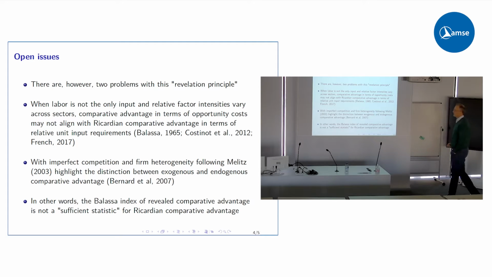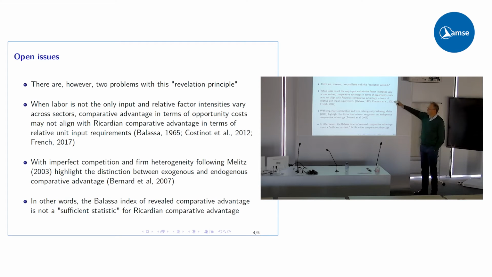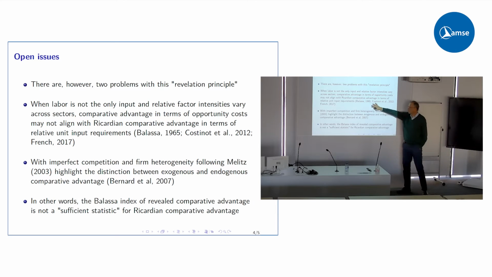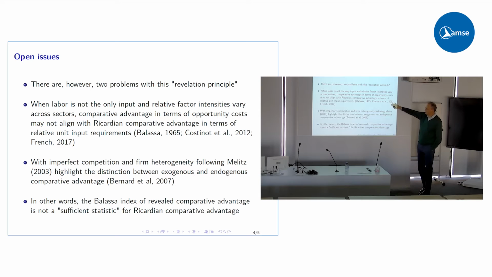There are other inputs in production, and relative factor intensities vary across sectors, and so we are entering what is called the Heckscher-Ohlin world. Comparative advantage in terms of opportunity cost may not align with the Ricardian comparative advantage in terms of technology or relative unit input requirements. This was already pretty clear to Balassa, but also in recent works on comparative advantage it has been highlighted.